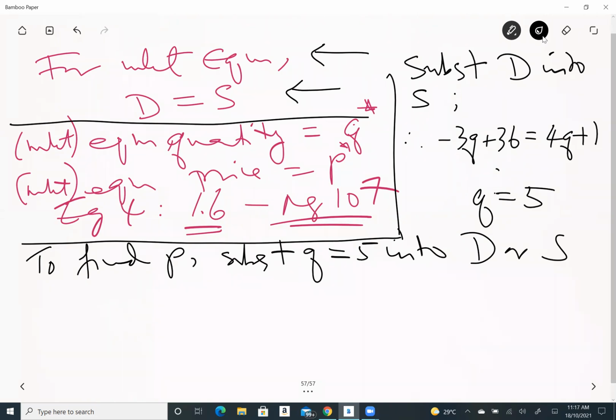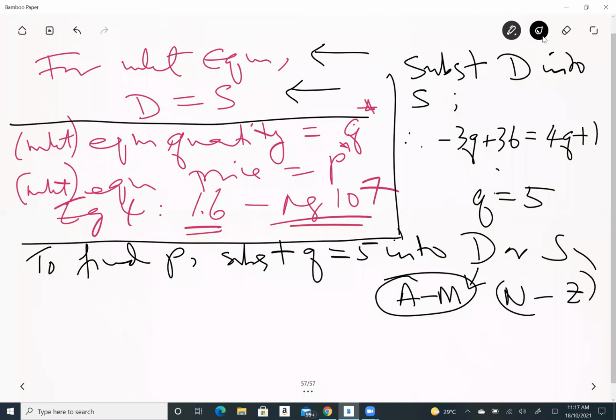Now, if your first name is from A to M, you put into D. If your name is from N up to Z, you put into S. Either way, we should get P equal to 21. Substitute, show the work.